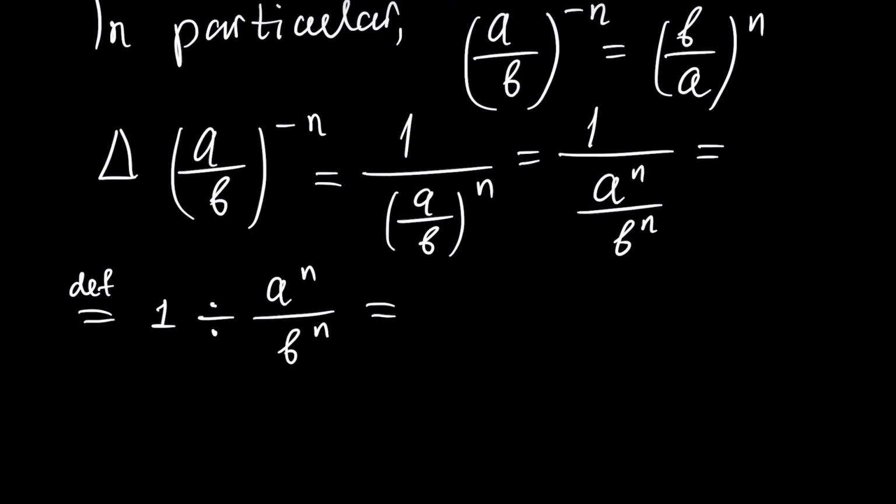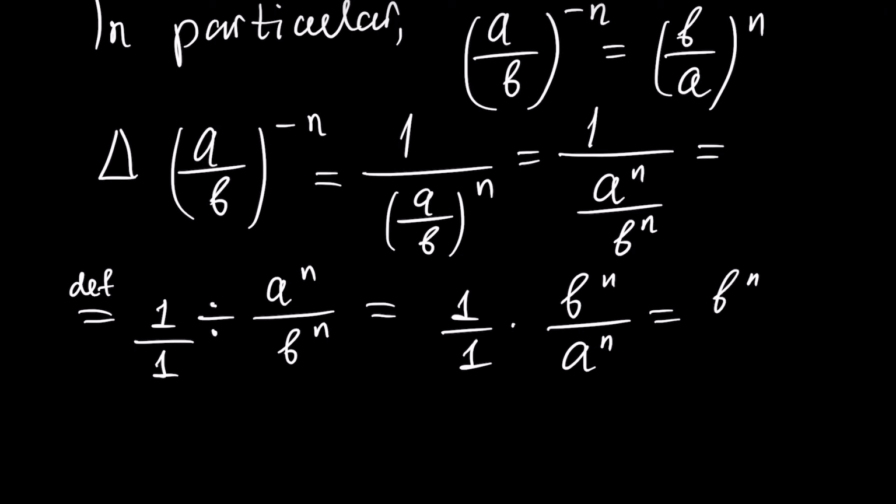Using, we can transform division into multiplication. Watch our arithmetic playlist. And 1 can be written as 1 over 1. So this is 1 over 1 times b to the power n divided by a to the power n, or just b to the power n divided by a to the power n.